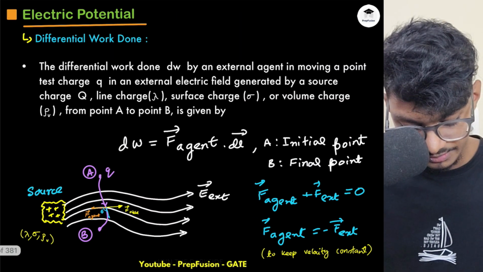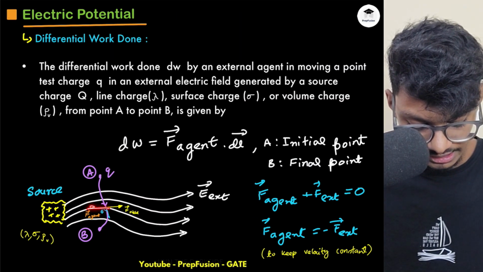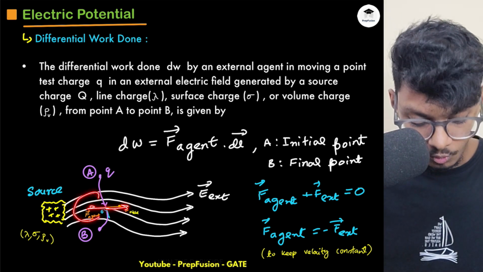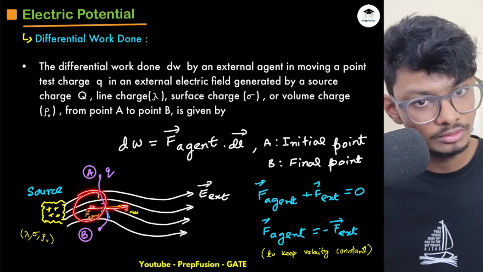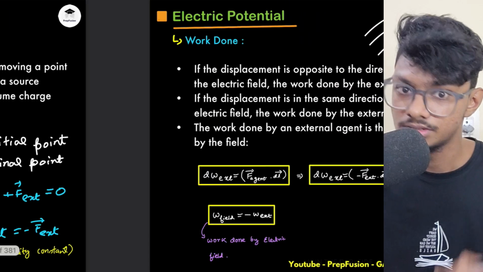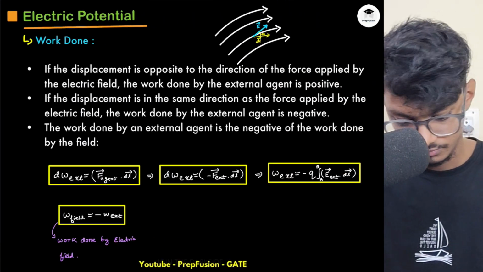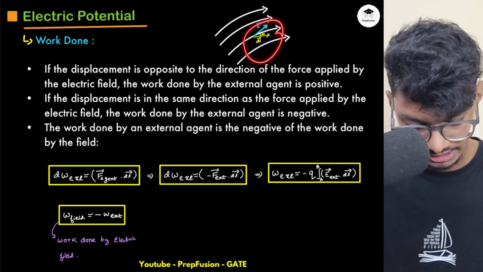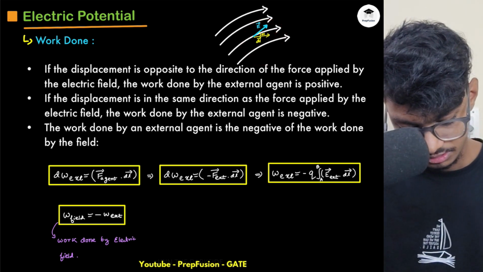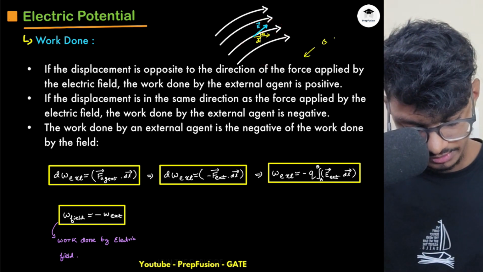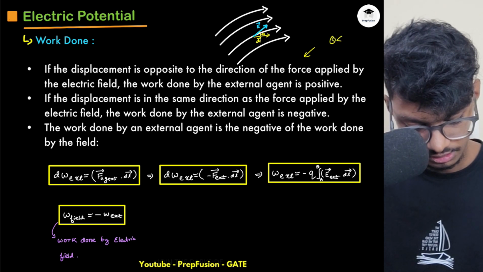So basically this displacement is in this direction and electric field is in this direction. So obviously work done by the external agent will be positive, because the angle between them will be between 0 to 90. I can observe here as well: in the first case, theta will be 0 to 90 degrees.